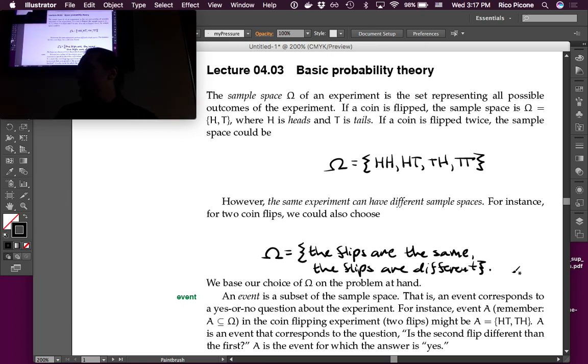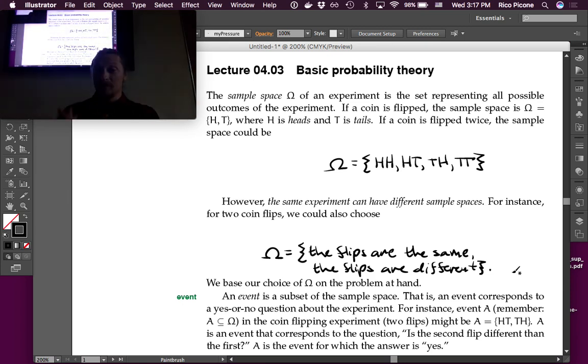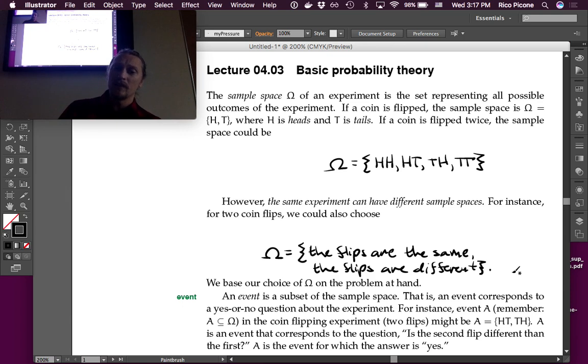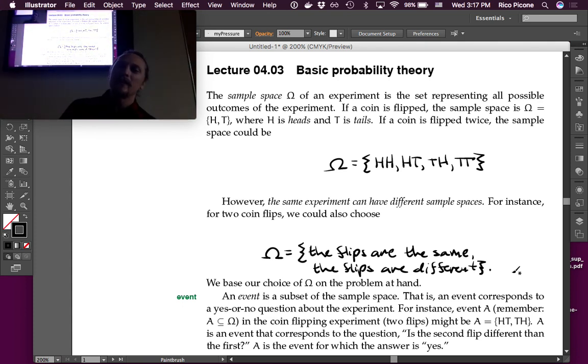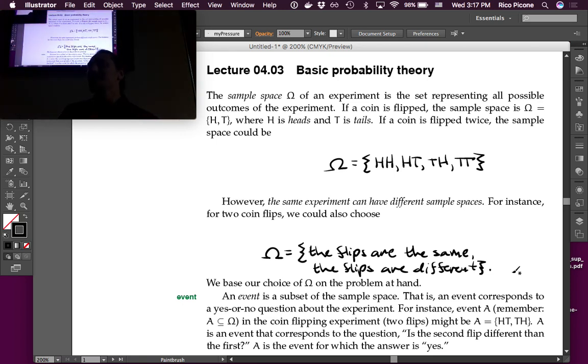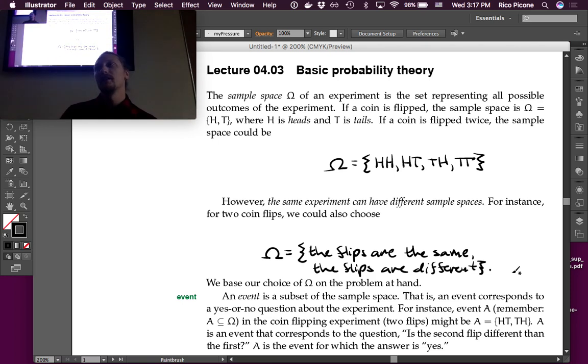There are a lot of different possibilities for a given experiment, but you can't just choose anything. Obviously, there are some things that are excluded. For instance, the flips can't be the same and different. That would be excluded as possible. Or maybe it shows up on its edge, in which case it's neither.